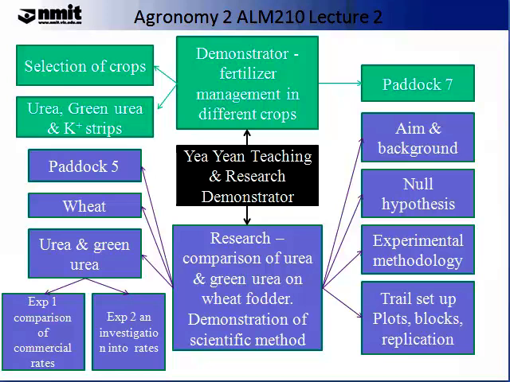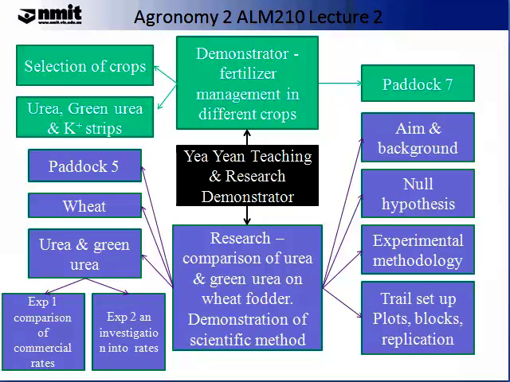Important facts to note: in this lecture we have covered the aim and the background and some of the knowledge already known. From this we have developed a null hypothesis. Once we have obtained the aims, background and null hypotheses, we can then select the most appropriate experimental methodology. In this case, a field trial in the paddocks.